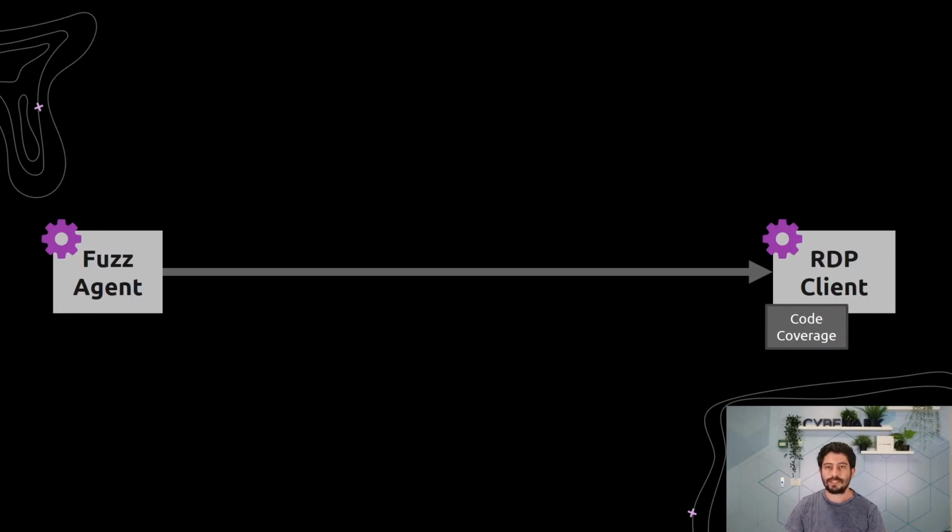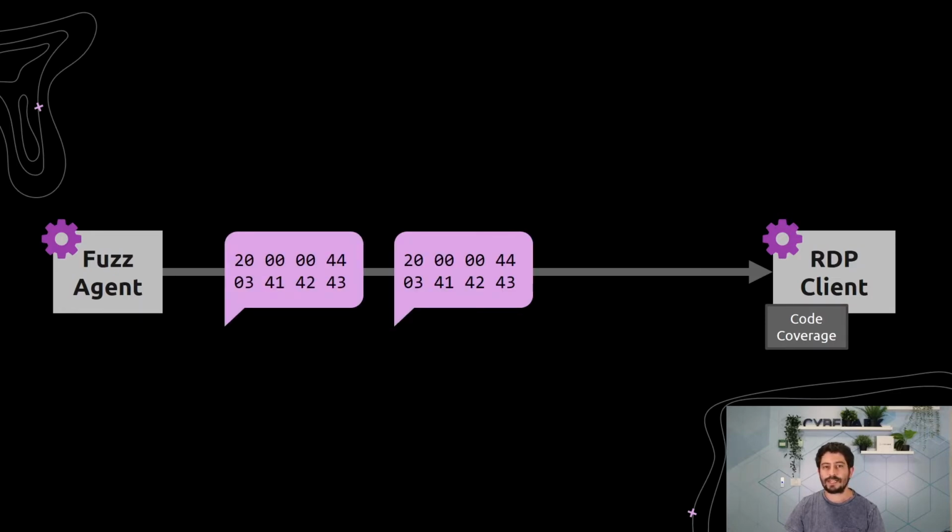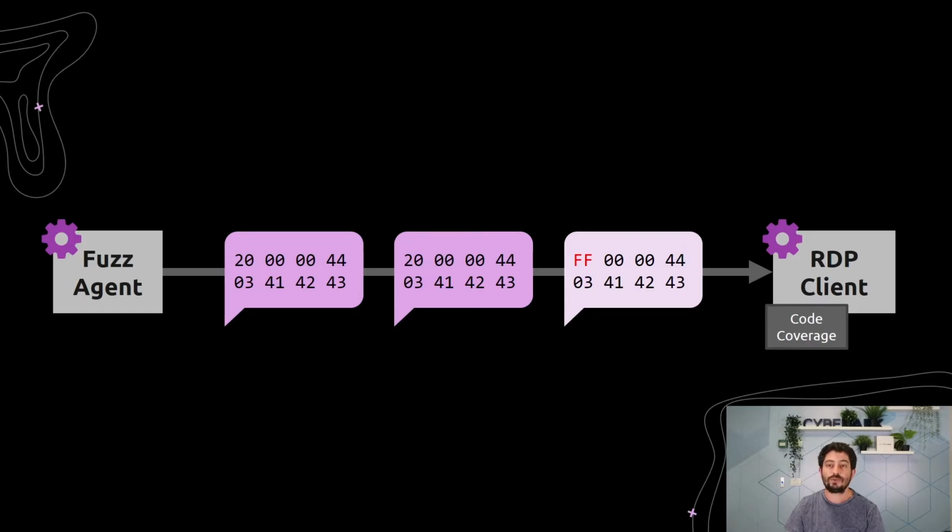So it looks something like this. We have several normal messages that are transferred on this channel. And the last one is our fuzzing message, essentially a test case that the fuzzer generated. But in order for coverage-guided fuzzing to work, we must maintain a one-to-one correspondence between the inputs the fuzzer generated and the code paths that they triggered.